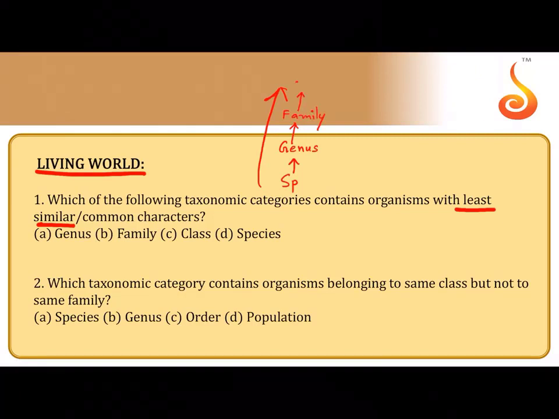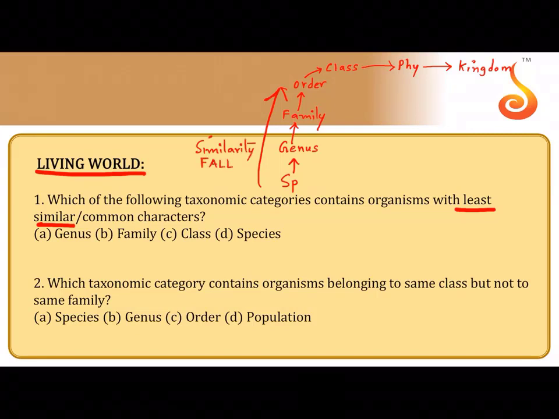Similar families are put together in the same order. Similar orders are put together in the same class. Similar classes are put together in the same phyla, and similar phyla are put together in the same kingdom. Now one thing you should remember is, as we go higher up the ladder, the similarities decrease.